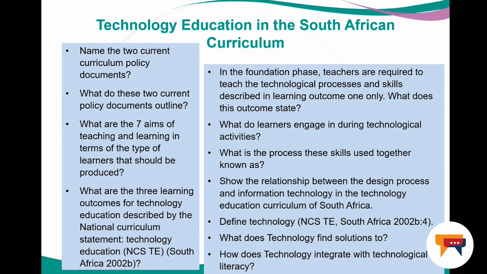So please, you need to pay attention to this while going through this learning unit. The design process and the related skills are the focus of learning units 4 and 6. These skills are included in learning outcome one as part of the steps of the design process.